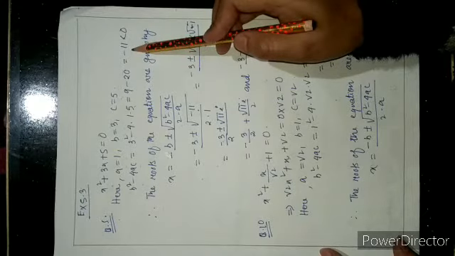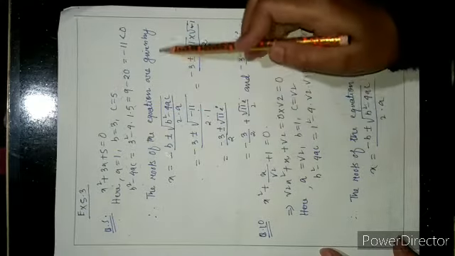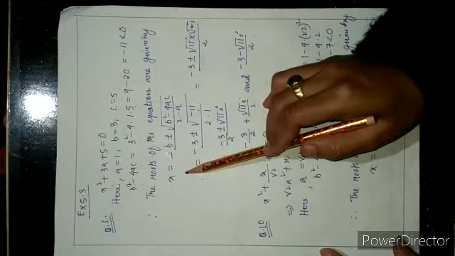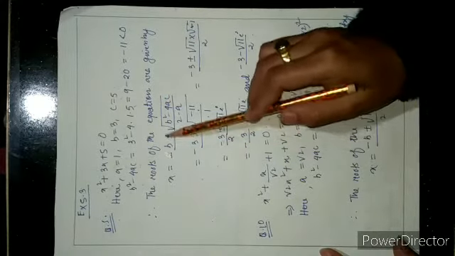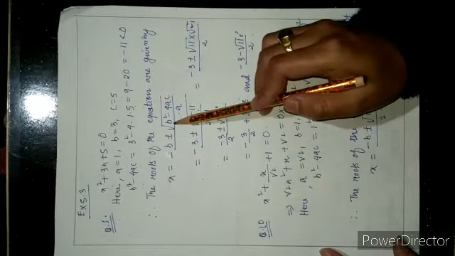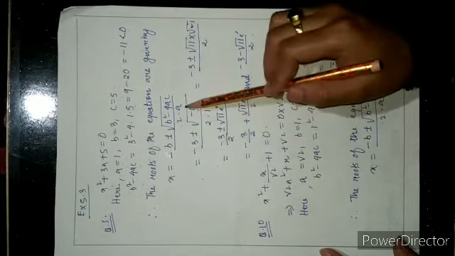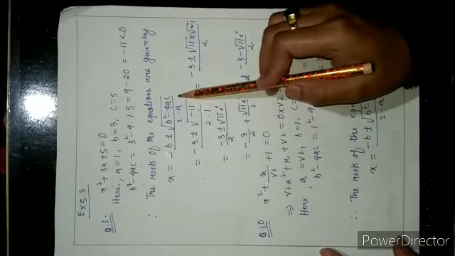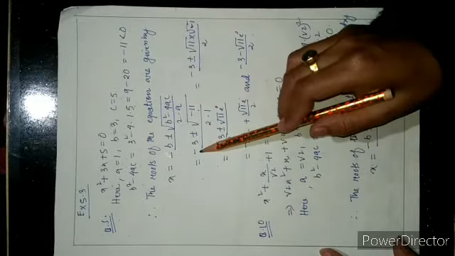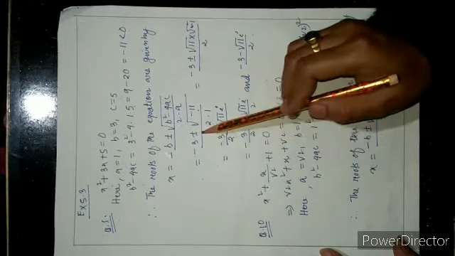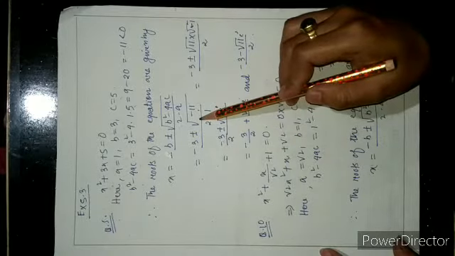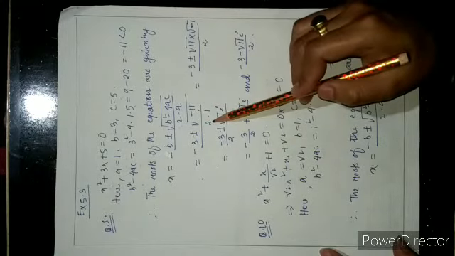The roots of the quadratic equation are given by the formula x is equal to minus b plus minus root over b square minus 4ac divided by 2 times a. By substituting the values of a, b, c and the value of the discriminant, we have x is equal to minus 3 plus minus root over minus 11 divided by 2.